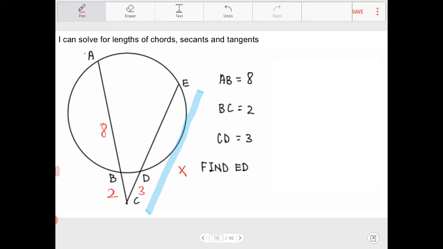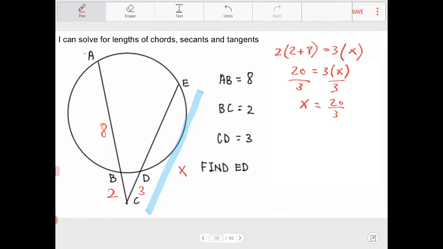So if 8 times 2 plus 8 should equal 3 times the overall length X, I'll end up with 2 times 10, which is 20, is equal to 3 times X. Then I can divide both sides by 3. Therefore, X is equal to 20 thirds.